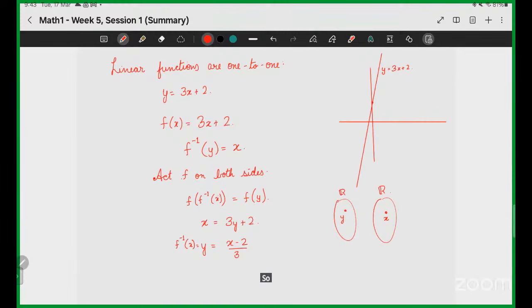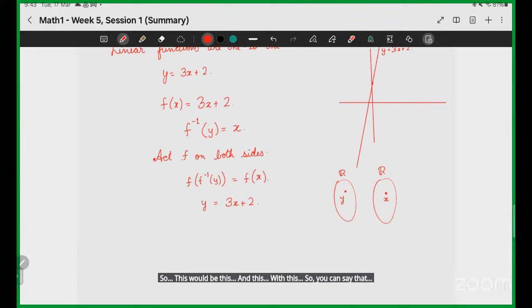So this would be this, and this would be this. So you can say that x, that is f inverse of y, is equal to y minus 2 by 3.